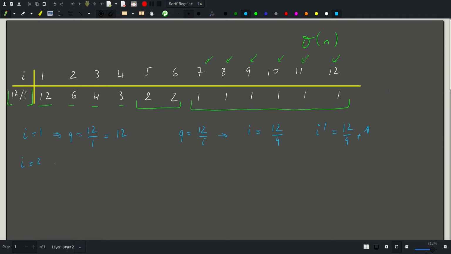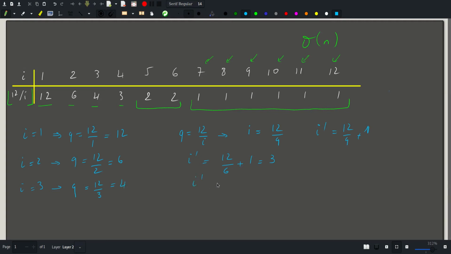And this will give us a quotient that is equal to 12 over 2, which is equal to 6. And our next value I prime will be equal to 12 over 6 plus 1, and this will give us 3. So our next value I will be equal to 3, and it will give us a quotient that is equal to 12 over 3, which is equal to 4.